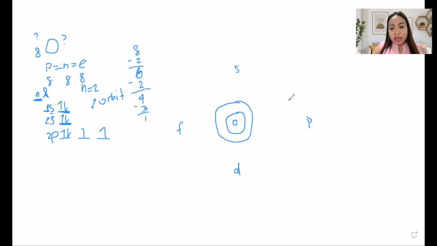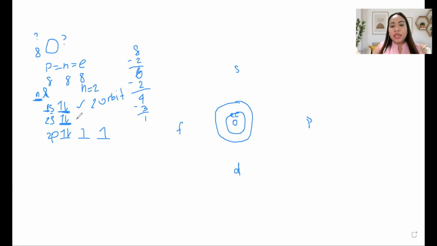We write it this way so it is easy to identify which suborbital it belongs to. So in the first ring, there are 2 electrons on the s part. All right, check. Already done with it.